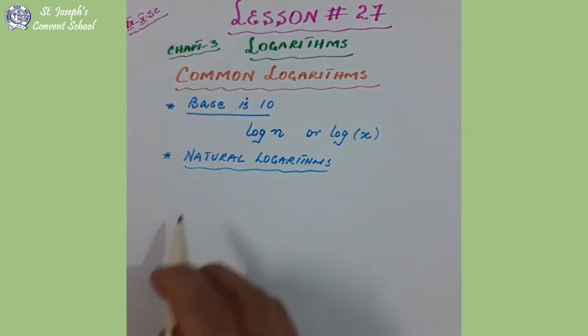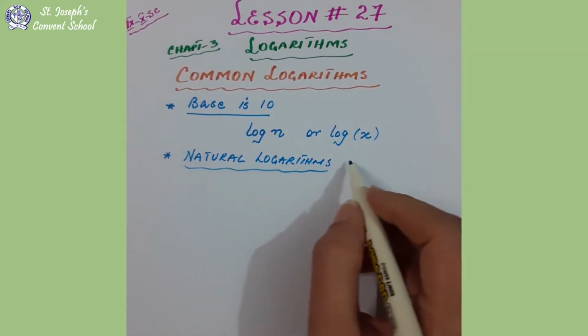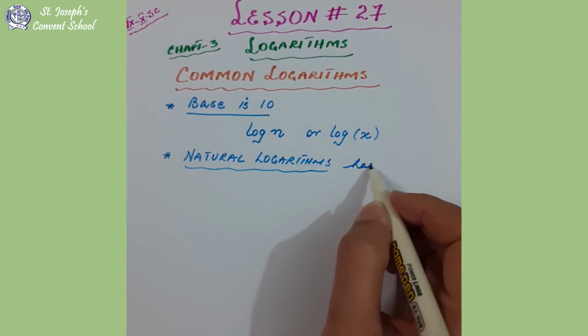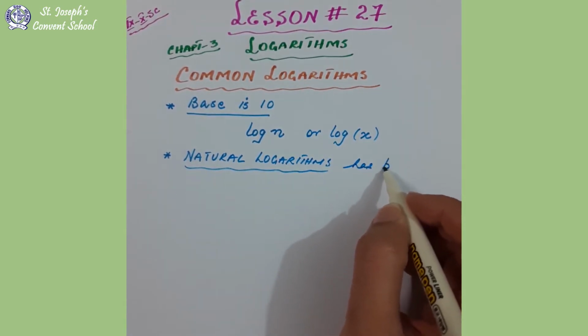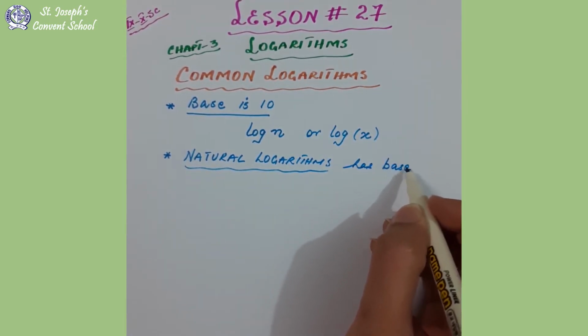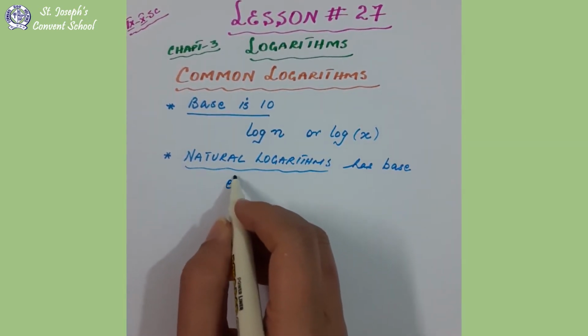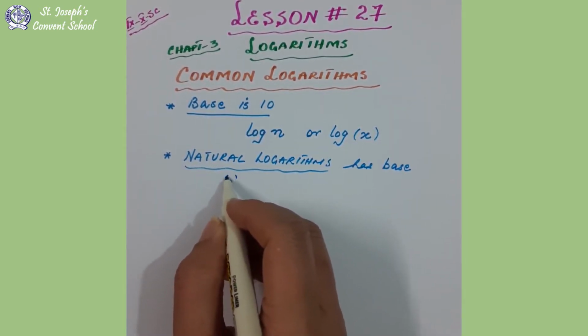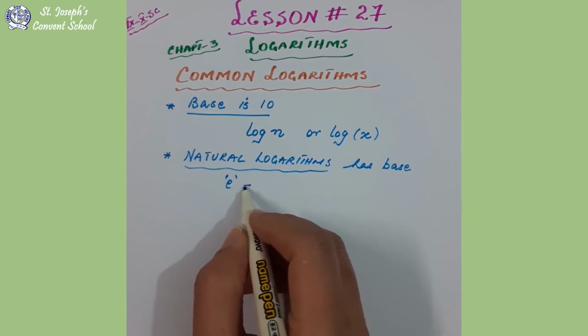Now here the base is e. Natural logarithm has base e. E is the base in natural logarithm and e is the fixed value.